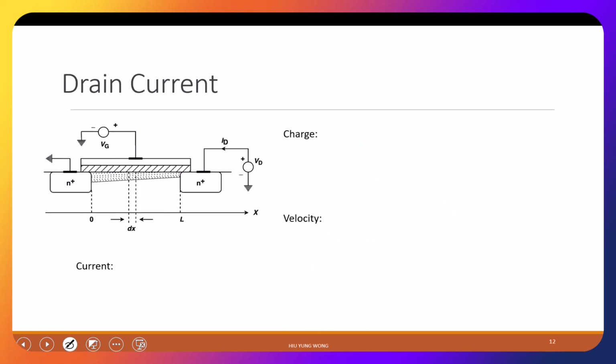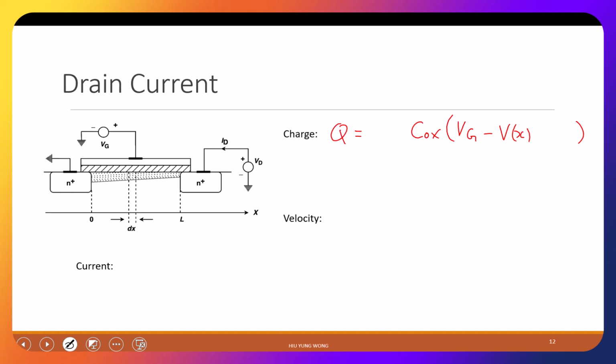Why do I want to do this? Then in principle, I can find out the amount of charge it has. What is the charge across a capacitor? It is the capacitance times the potential difference. Do you agree with the equation I wrote down?